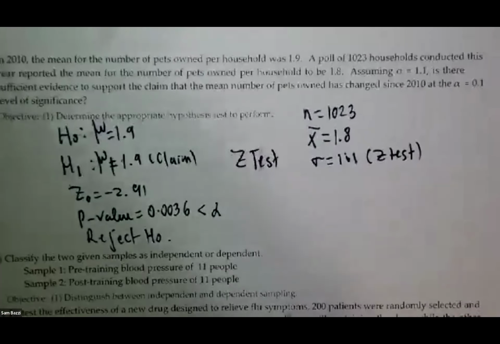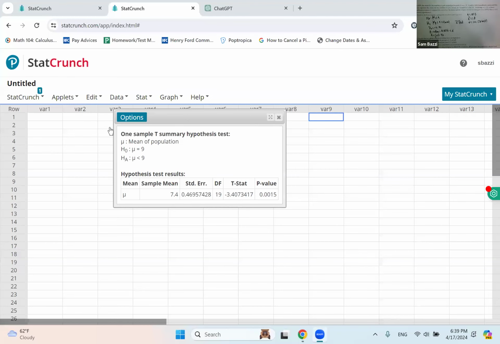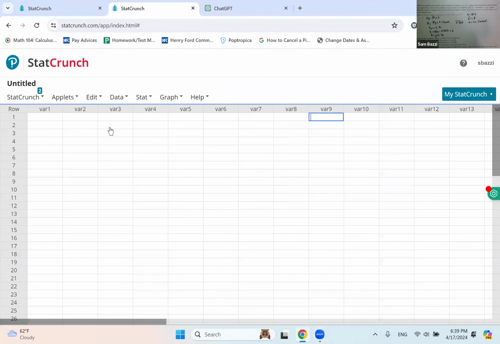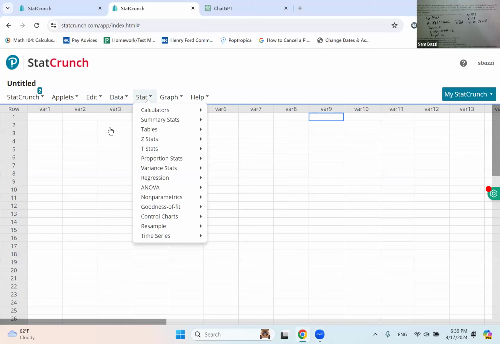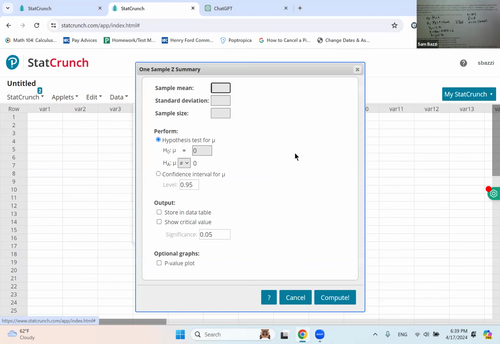How do you use StatCrunch? Let's do this quickly. We're going to share the screen. You go to stat. You see, not t-stat, you have to use z-stat now. For StatCrunch user, you use z here, which is not very common, but for this question, one sample with summary, and then sample mean is 1.8.